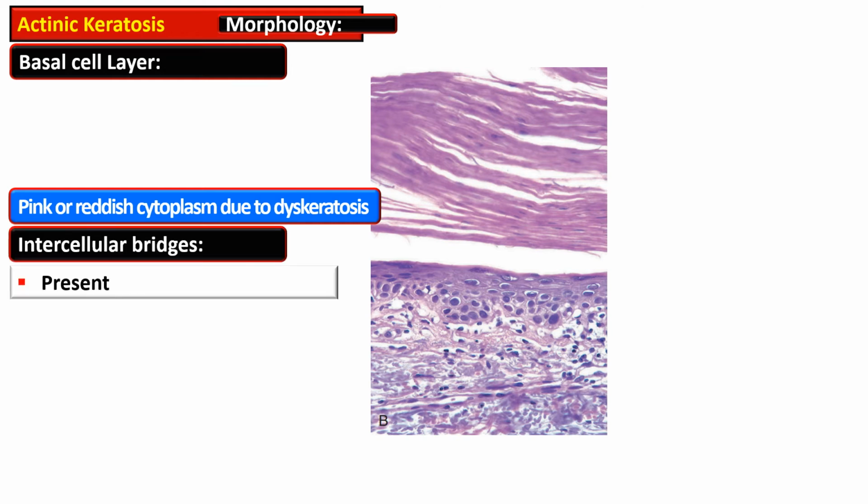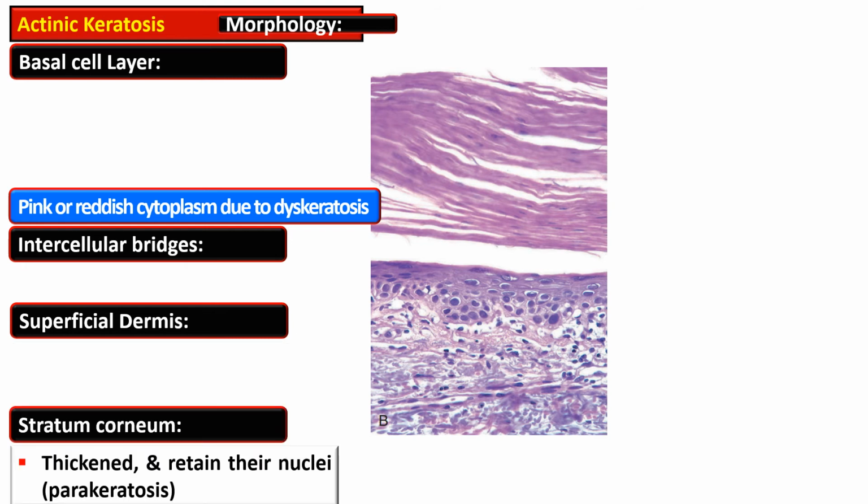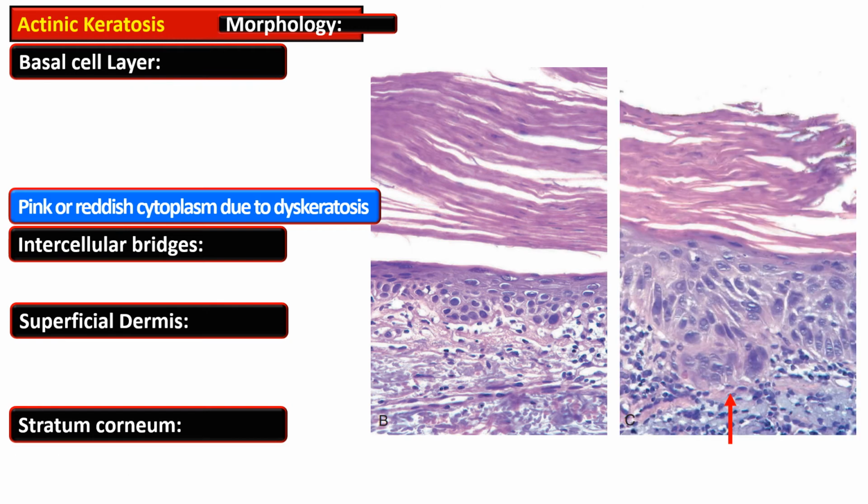Presence of intercellular bridges is a feature that differentiates this condition from basal cell carcinoma. The superficial dermis shows elastosis that is marked by presence of thickened blue-gray elastic fibers, and the stratum corneum shows thickening, and cells of the stratum corneum retain their nuclei. This is termed as parakeratosis.